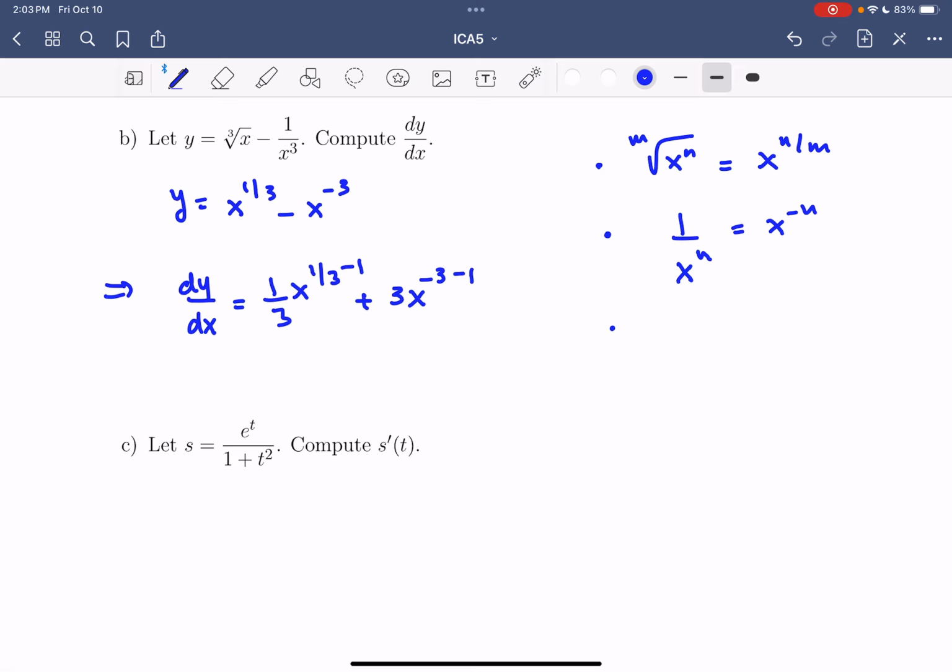The way I do this is if I have to subtract 1 from a fraction, I think about 1 like, in this case, 3 divided by 3 because it is the common denominator. So this would be negative 2/3. So then the final answer will be 1/3 x to the negative 2/3 plus 3x to the negative 4, okay? Not too bad.